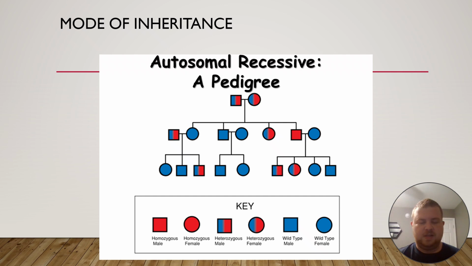Their next child is a female, and it is shaded half blue, half red. This means that the female is a carrier for the trait, but does not have sickle cell disease. Their next child, however, as shown as the red shaded box, is a male, and he has developed sickle cell disease. This means that both of his parents passed down the mutated genetic copy.